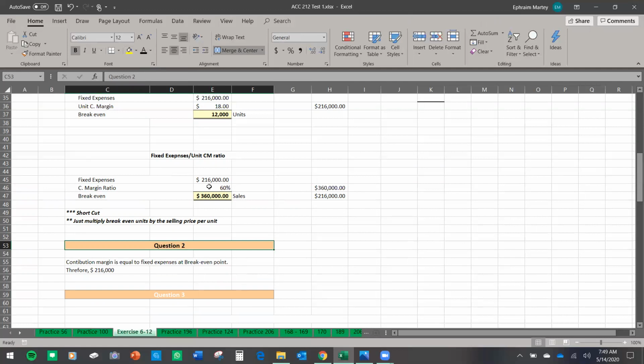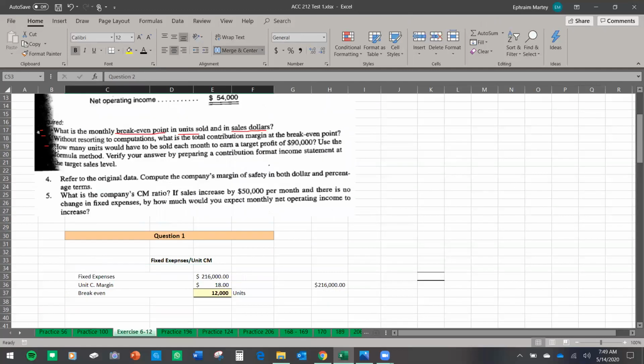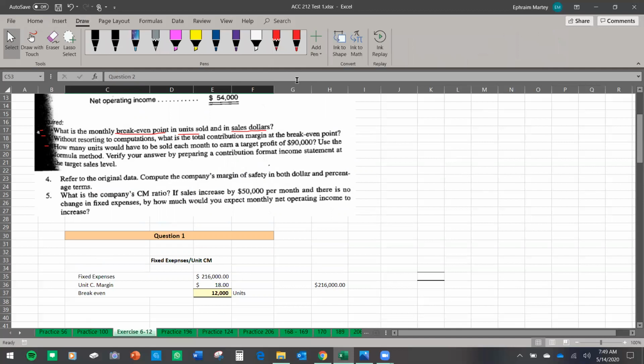So number 3, what do we need to find? How many units would you have sold to earn a target profit of 90,000? Let's pretend. We need a target profit of 90,000. So when we did our break-even, we wanted our profit to be 0.